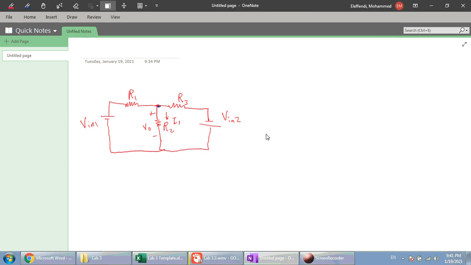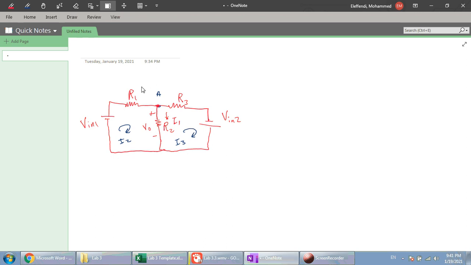Now to solve this question, we first start by writing KCL at node A. First I'm going to start by assigning the currents. Here we have I1, here we have I2, and I'm going to assign I3 in here. It doesn't really matter which direction you assign the current to as long as you stick with your notation.